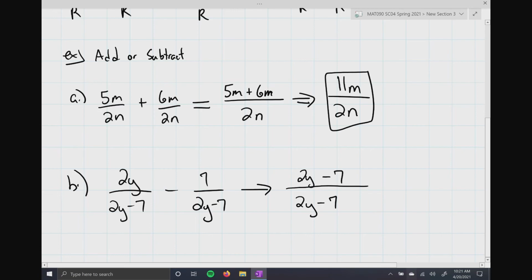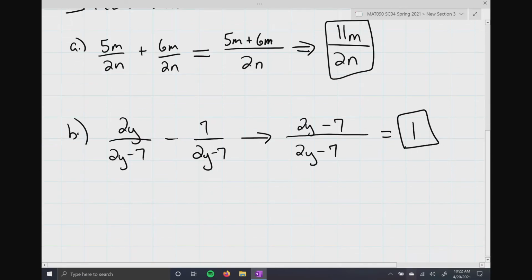So here, it turns out that I have 2y minus 7 in a numerator, 2y minus 7 in a denominator, and that reduces down into 1. All right? Now, with this next example, here is why I always want you to write out the entire numerator.